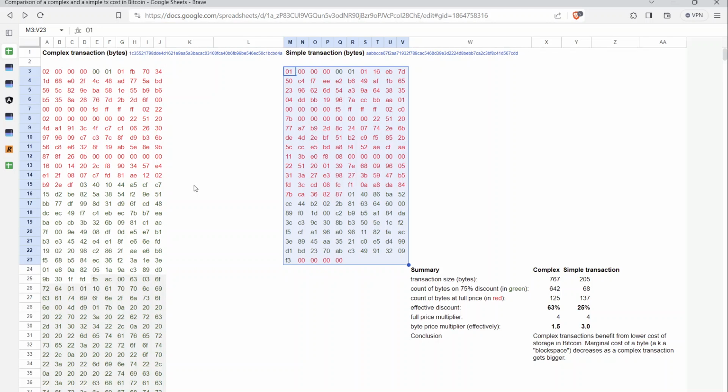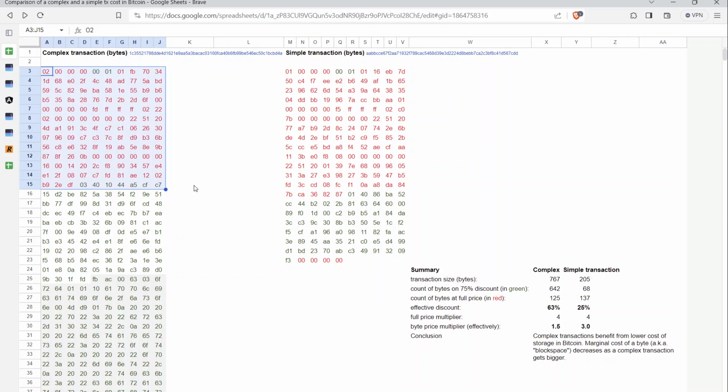While if you make just one complex transaction, then you're kind of privileged to put 4 megabytes in that block, in that one complex transaction.